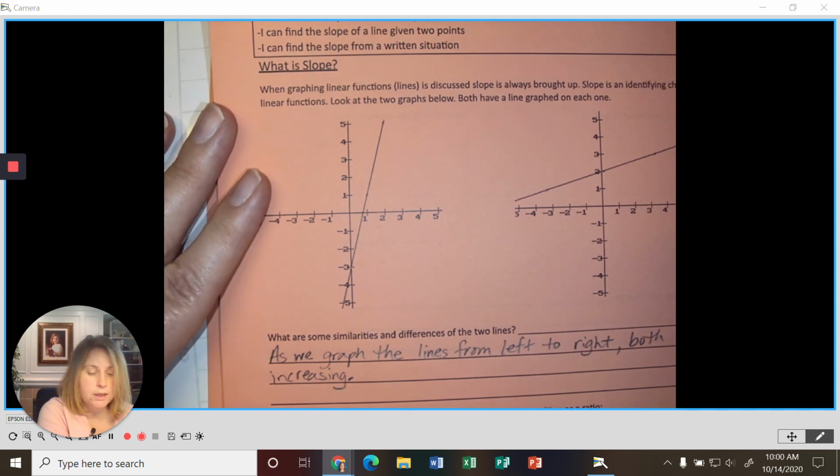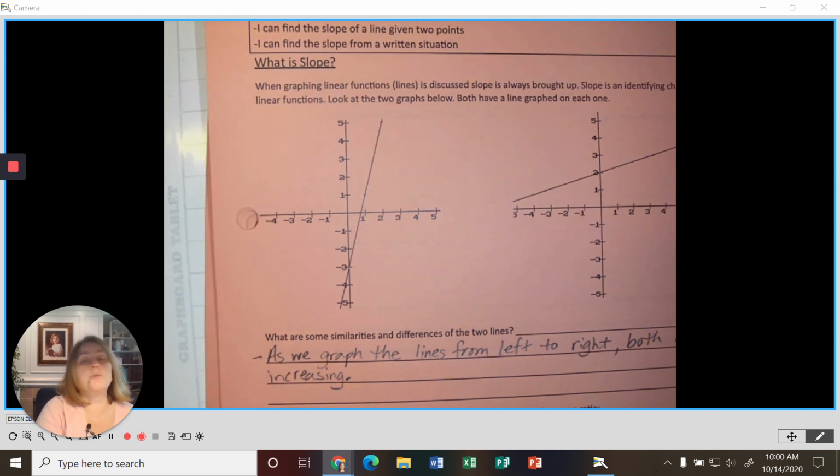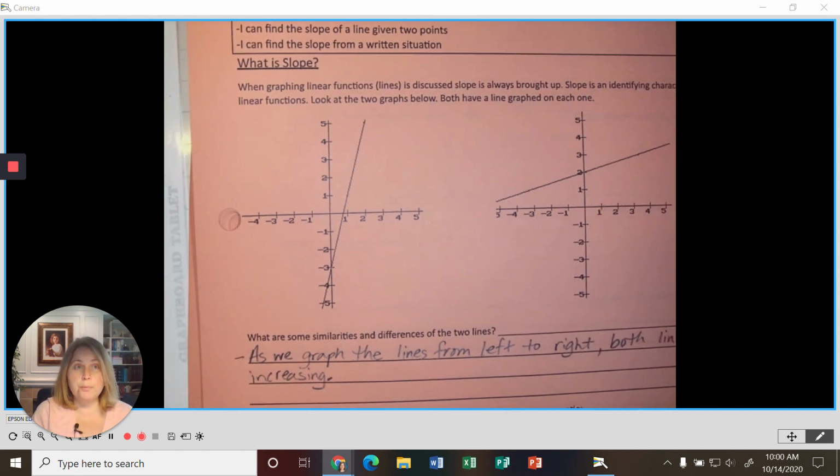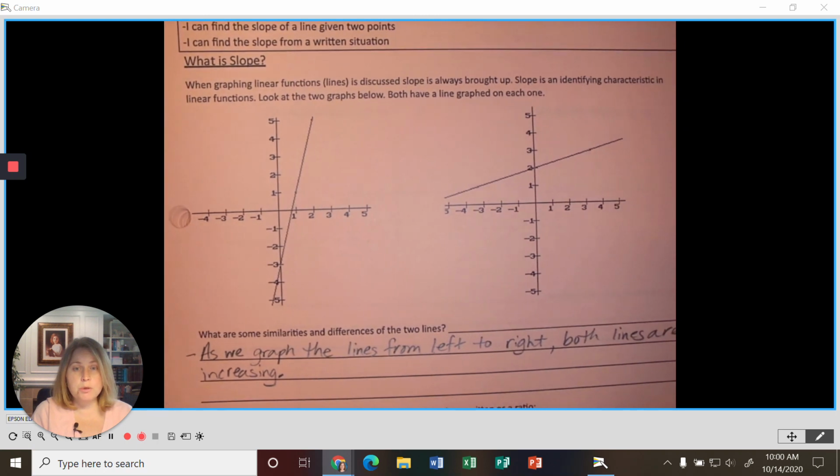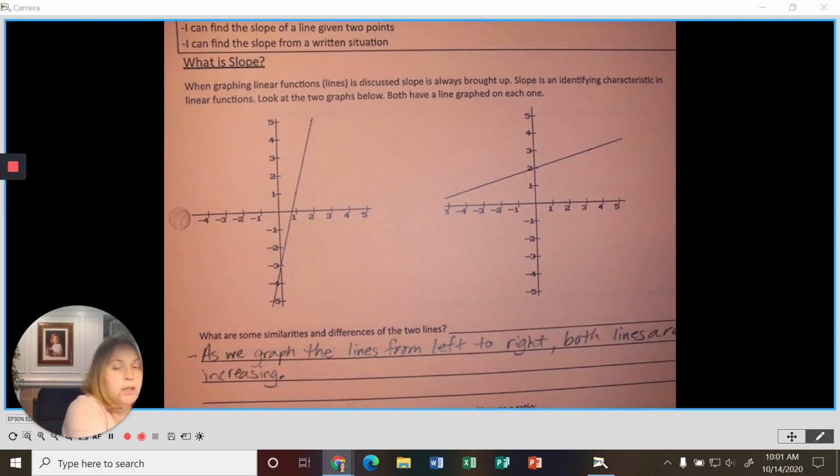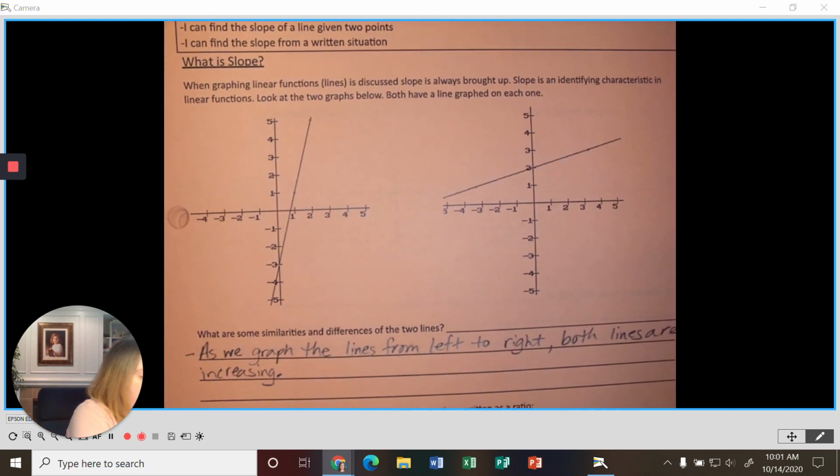And in algebra, that is how we read lines. We always read our lines from left to right, the same way that you would read a sentence.